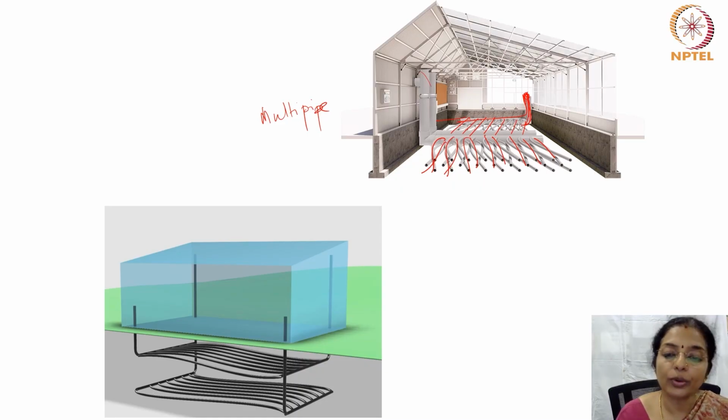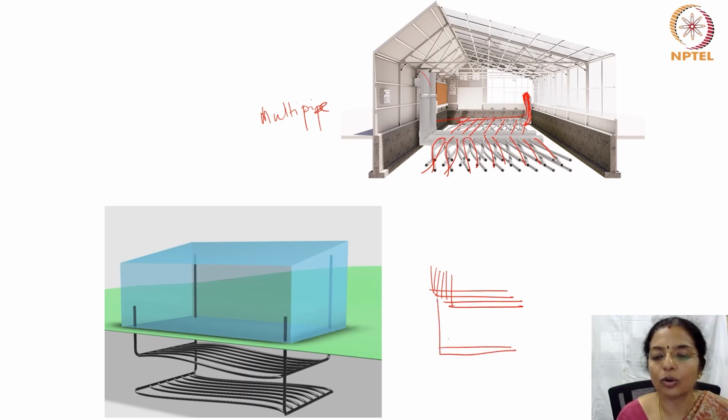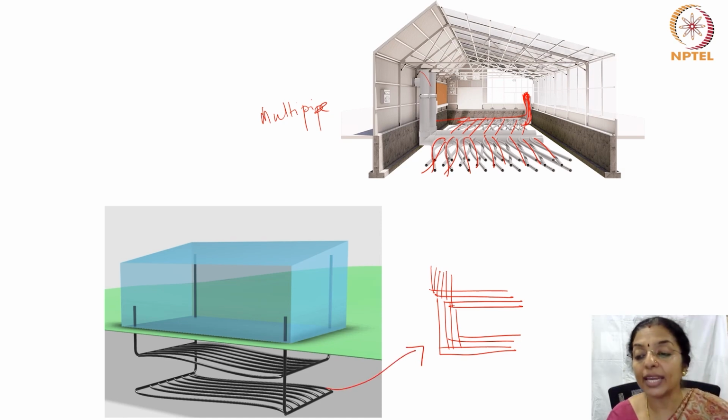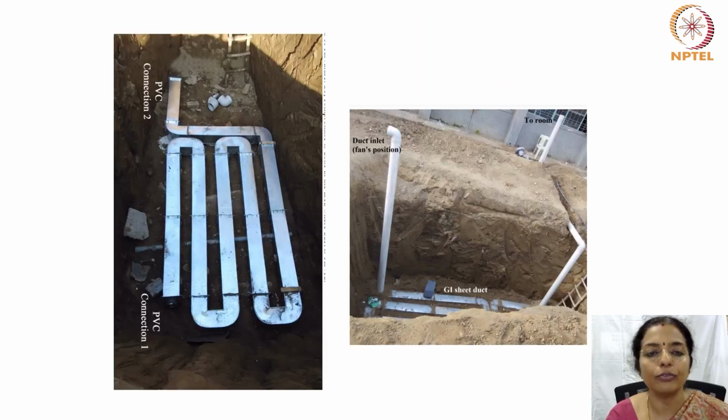Or you can even have two layers. This is one layer and you have another layer also, as shown here. So there can be varying pipe arrangements. Don't think a single tube is the only one that can be used. You can have multiple tubes at the same level, and multiple tubes at various levels of earth.